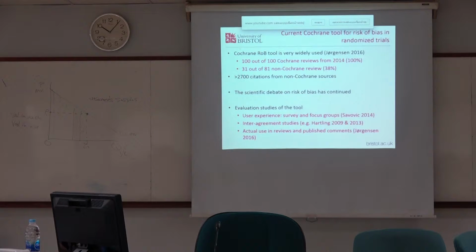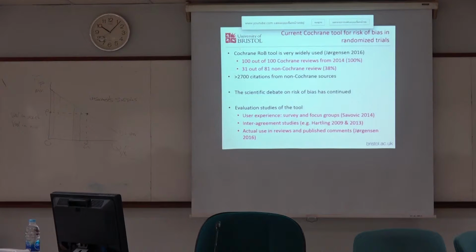They also noted that to date there have been over 2,500 citations for the current tool in non-Cochrane sources, so it's very widely cited and it's been quite influential on the assessment of risk of bias in trials and methodological research as well.